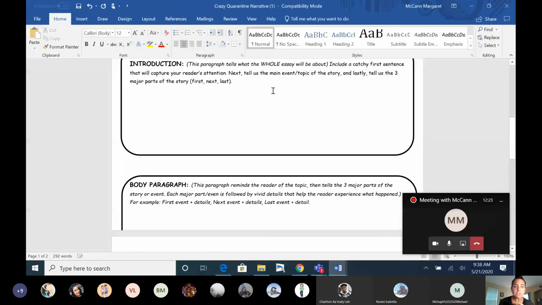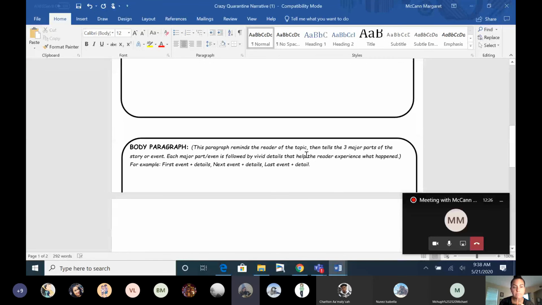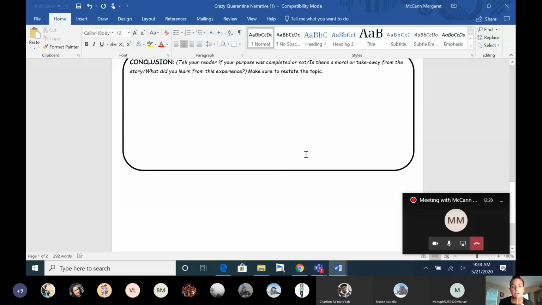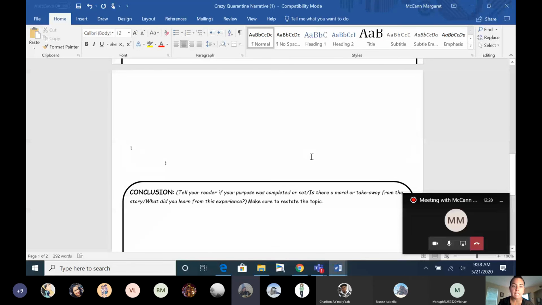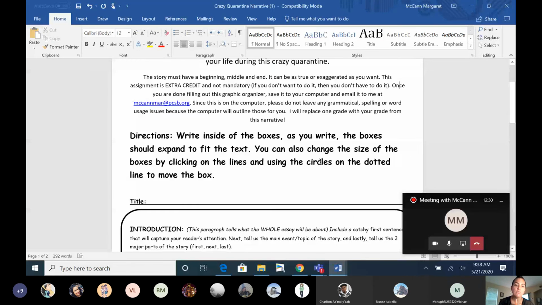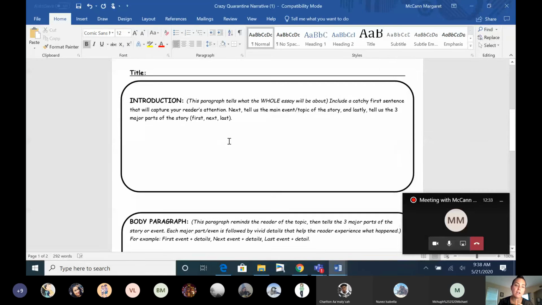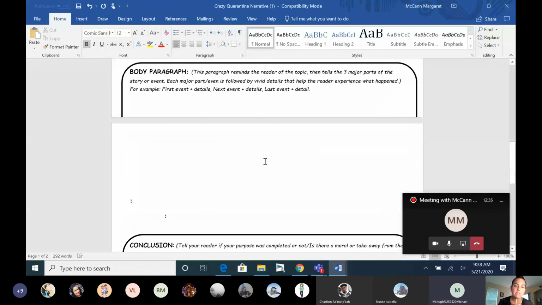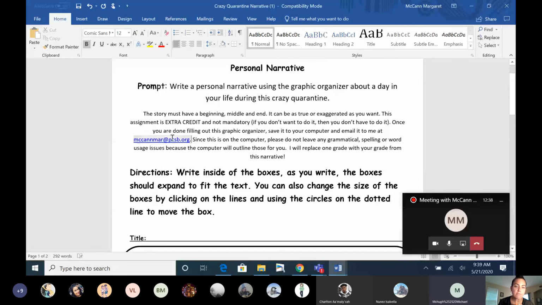It just has little boxes for you to write. But with any story or any essay, make sure you have a beginning, middle, and end. So you will just write right into the boxes and then email it to me through Office 365, or you can just attach it. That's my email right there.